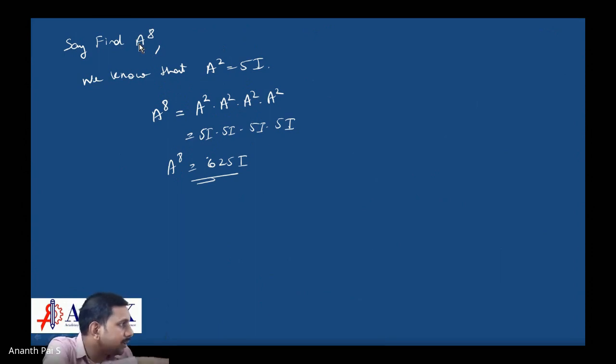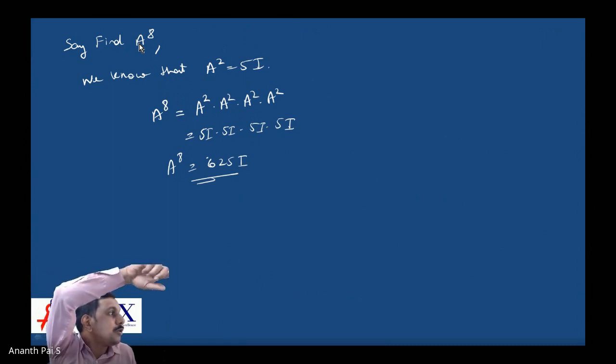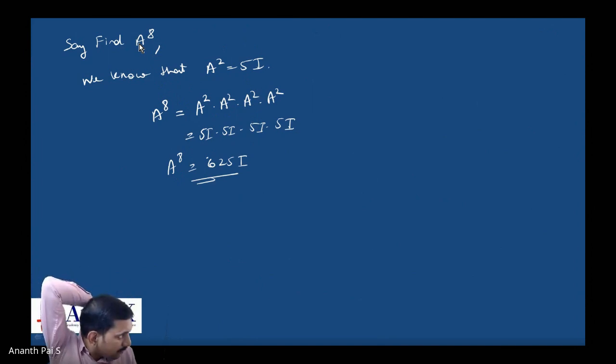They'll give an equation and say find A power 25. You have to put A minus lambda I, do some algebraic manipulation, and you get the answer.